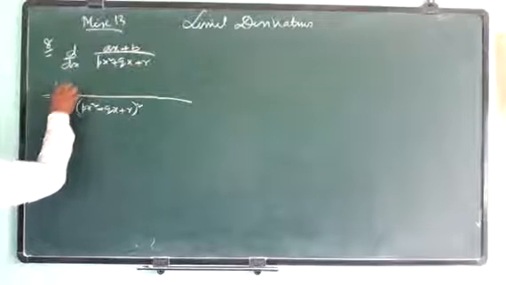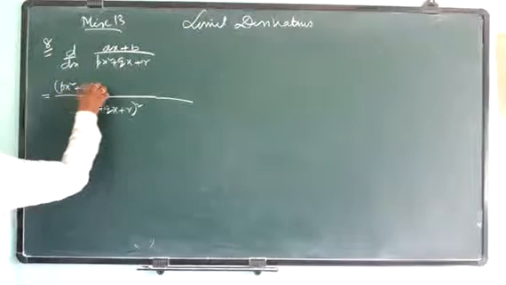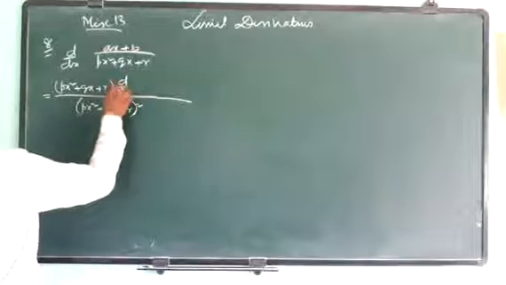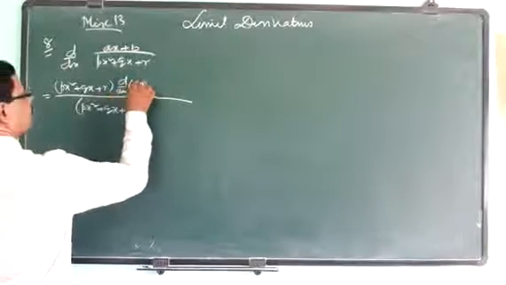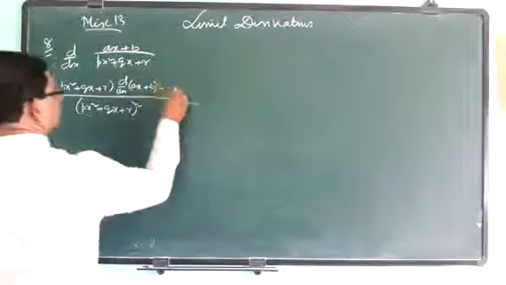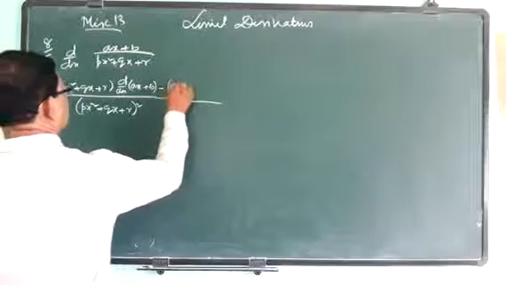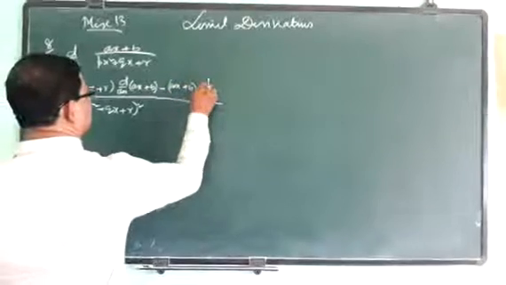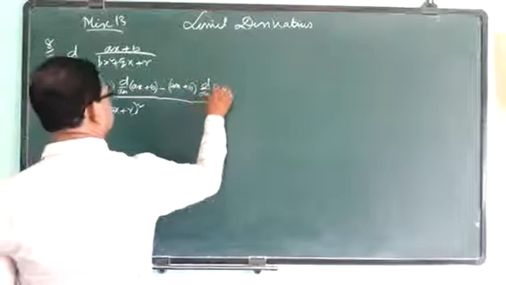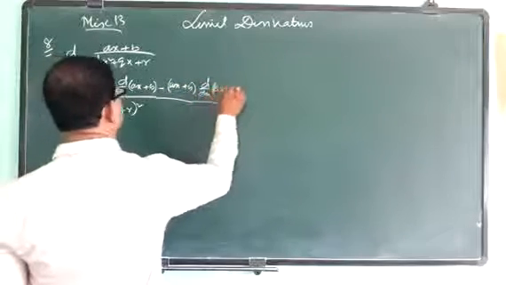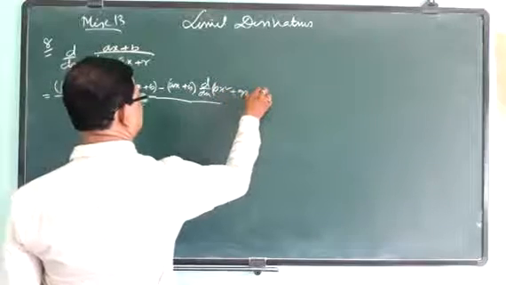Keep px square plus qx plus r, differentiate ax plus b. Then keep ax plus b, differentiate px square plus qx plus r.